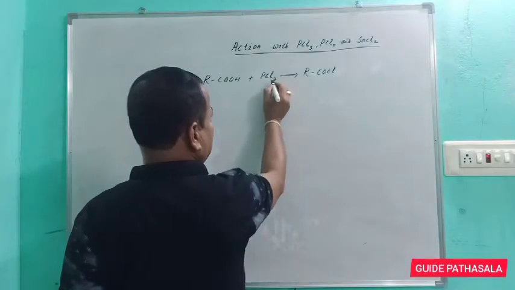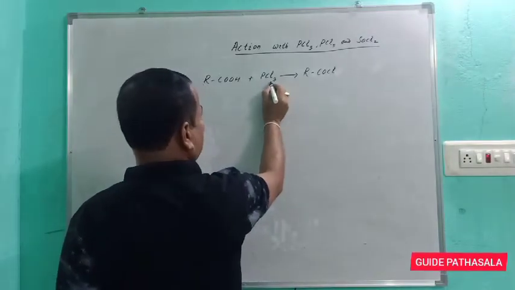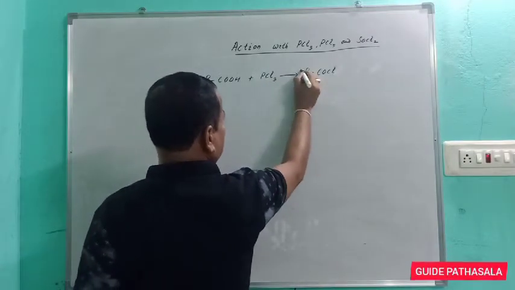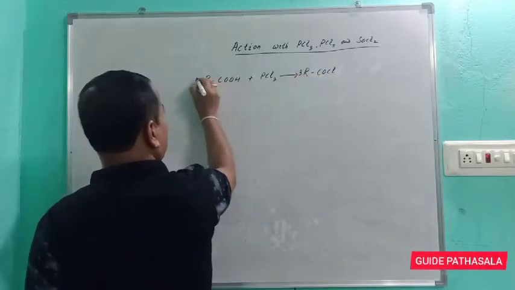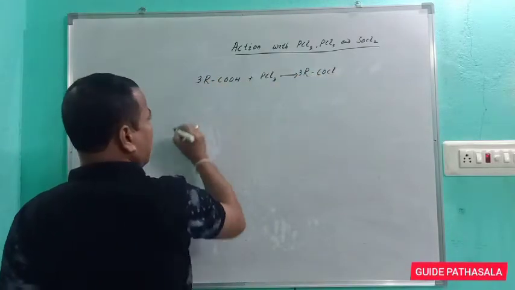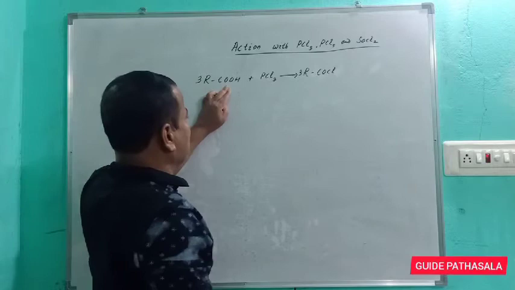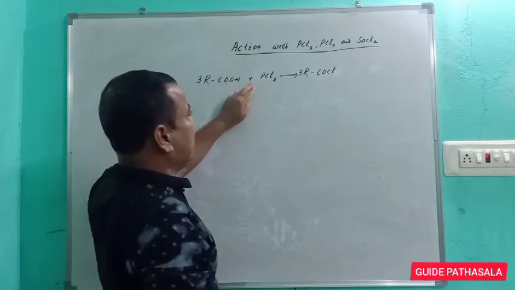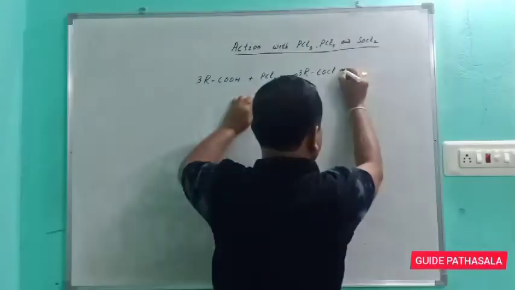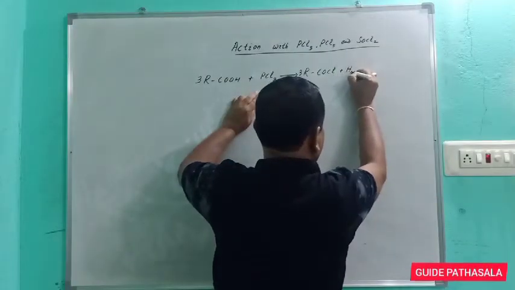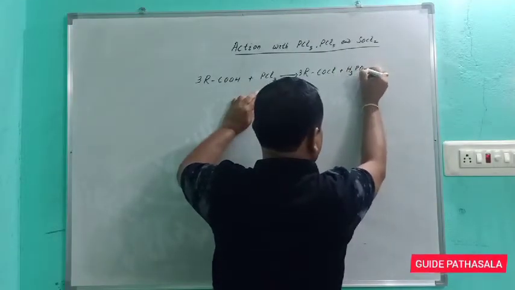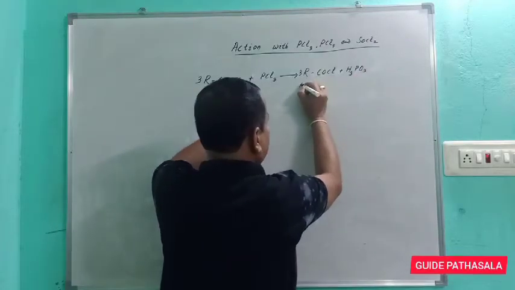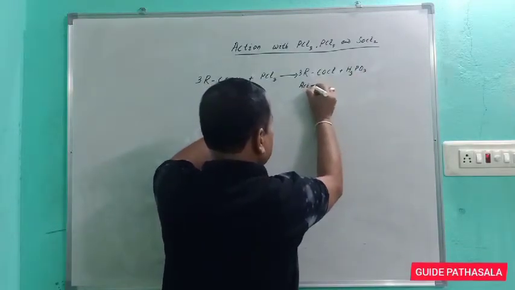There are 3 chlorine atoms in PCl3, so to balance it you have to multiply by 3: 3 RCOCl. So 3H, 3O, and with P they combine to form H3PO3.